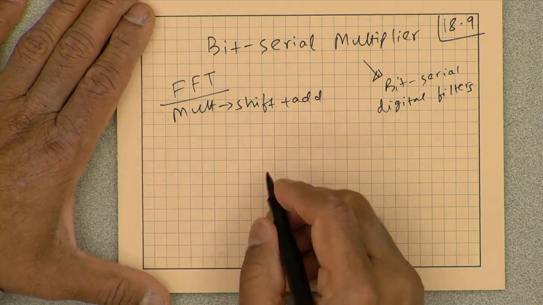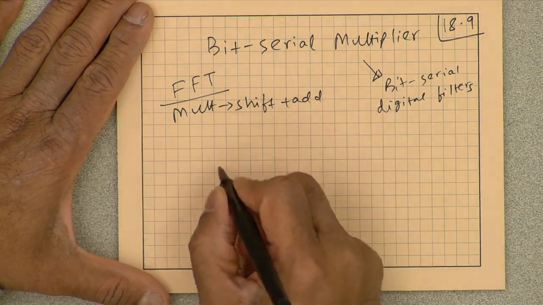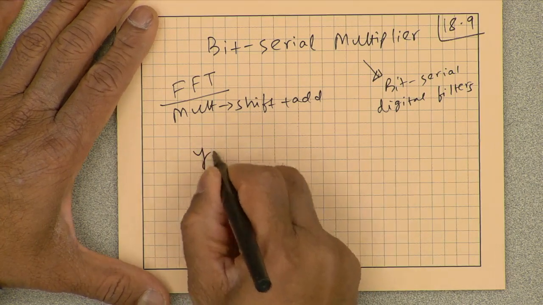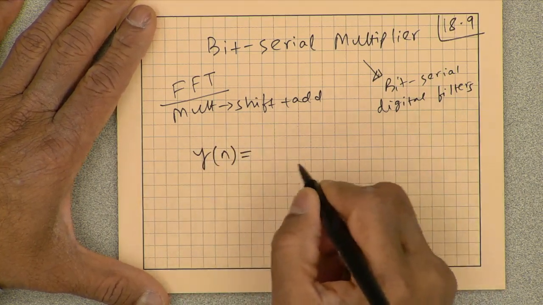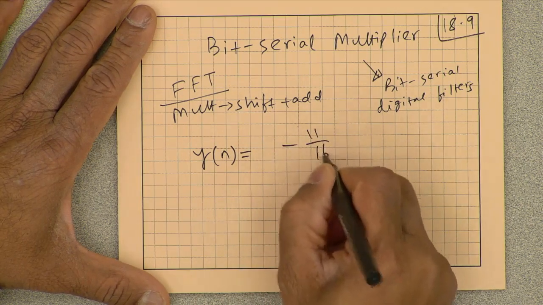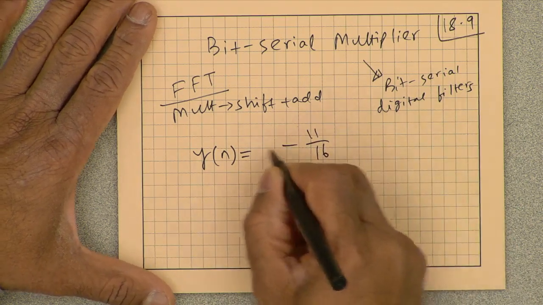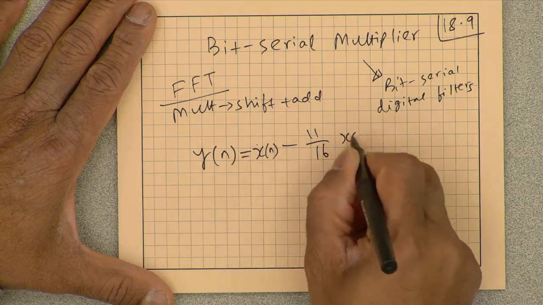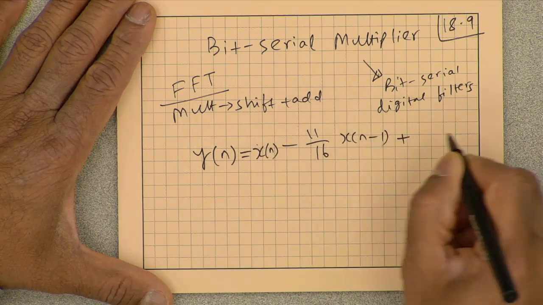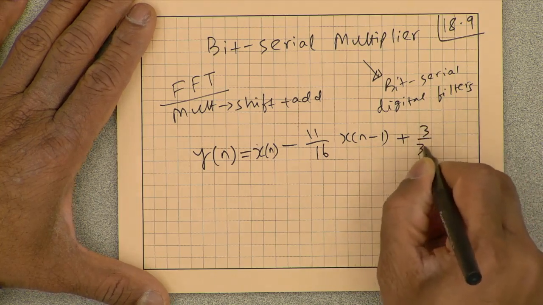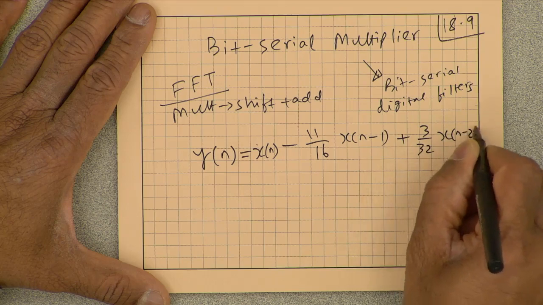arithmetic. And what does bit serial arithmetic do? Let's say I want to implement a digital filter, y[n] equal to x[n] minus 11/16 x[n-1] plus 3/32 x[n-2], something like that.